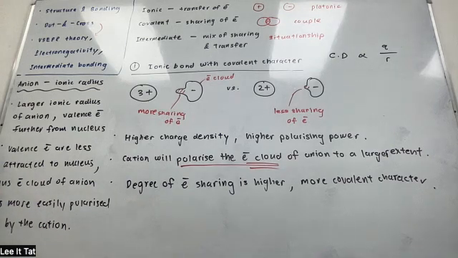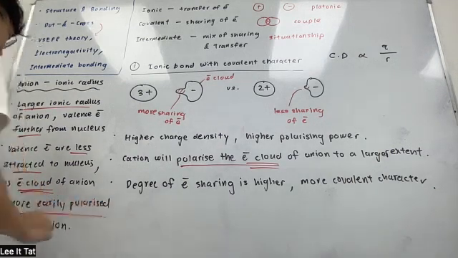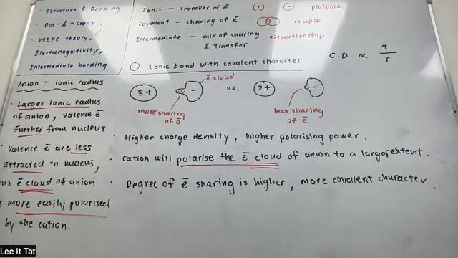Okay, I know there's a lot of words here. So let's summarize. The larger you are, the further away you are, so you're less attracted. If you're less attracted, it means the electron cloud is more easily polarized. Again, I must use the word electron cloud because you can't just say anion. This little outline here stands for electron cloud. So if you're more easily polarized, that means what?